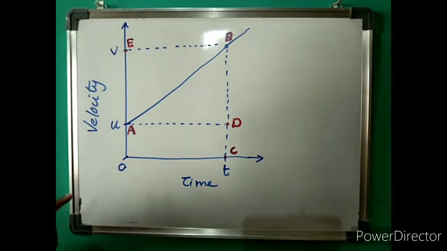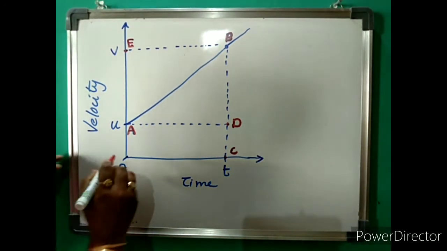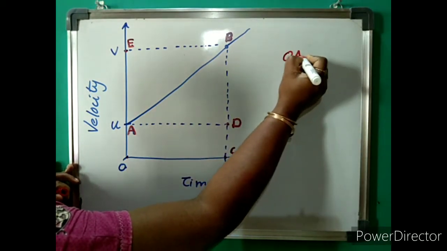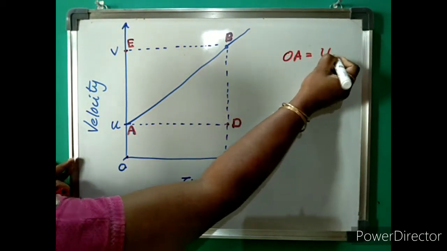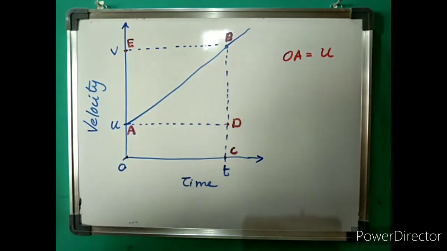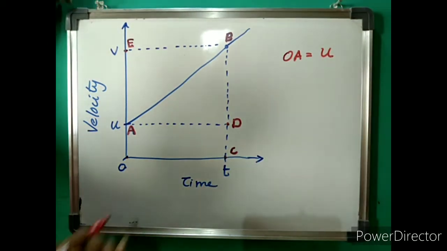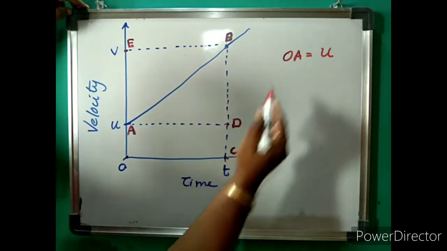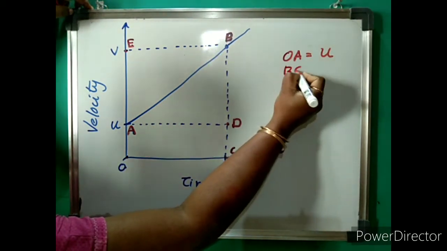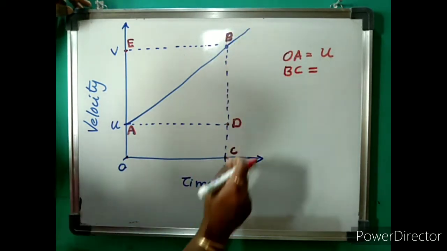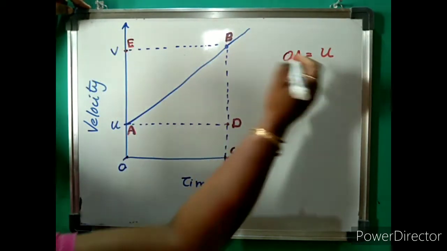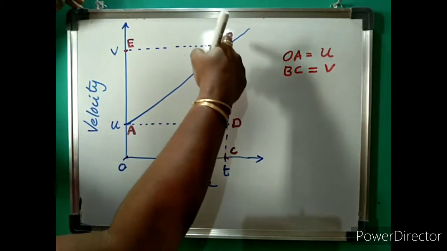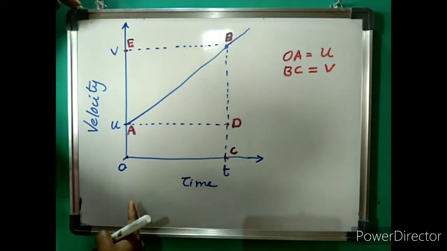Then what is OA here? OA is equal to U. Then what is BC? BC is equal to V. OA is equal to U, BC is equal to V.